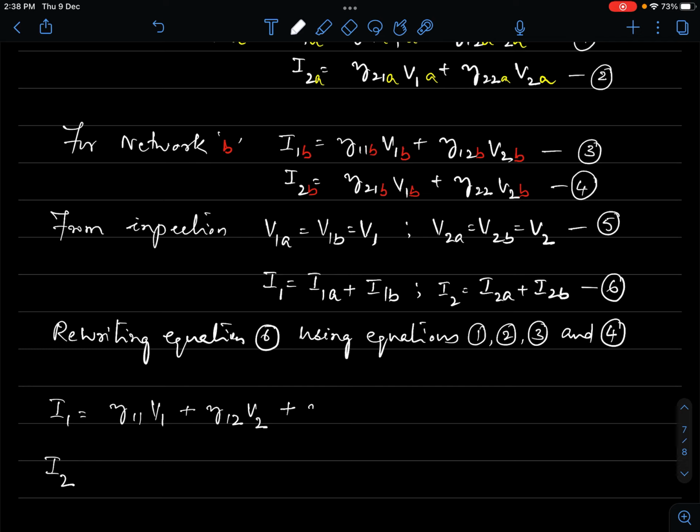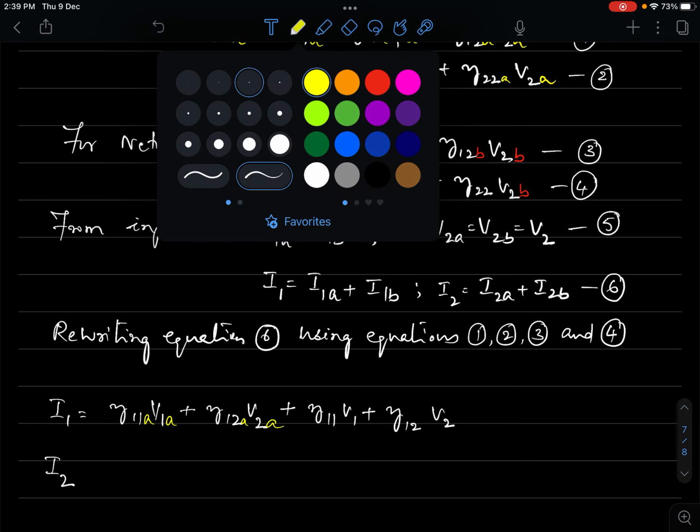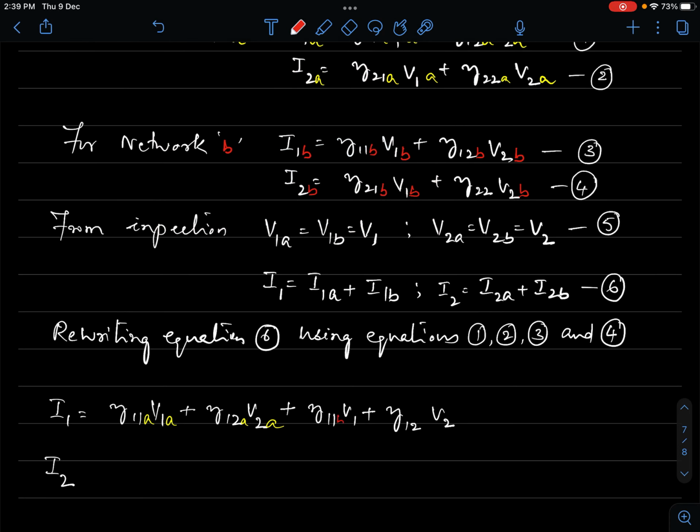So equation 3 would be plus Y11 V1 plus Y12 V2. So I have to substitute properly. This is of the A network and this is the B network.